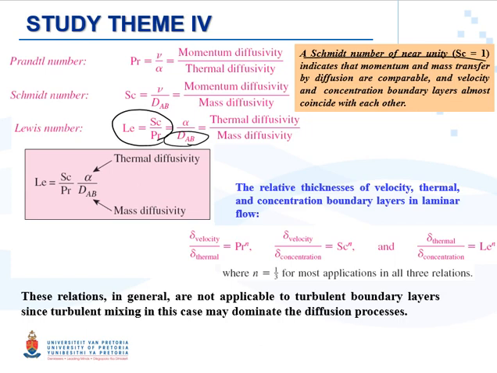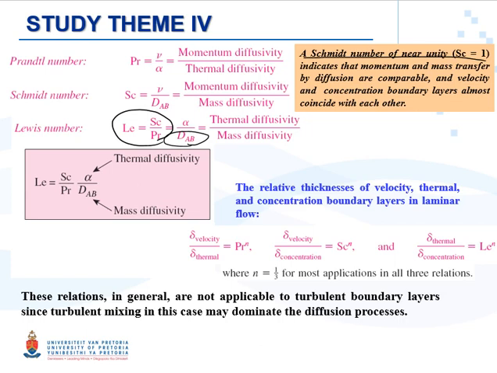But how about when the Schmidt number is equal to 1? A Schmidt number equal to 1 clearly shows that the momentum diffusivity is equal to the mass diffusivity. But what does it mean? Basically, a Schmidt number equal to 1 indicates that momentum and mass transfer by diffusion are comparable, and the velocity and concentration boundary layers almost coincide with each other.